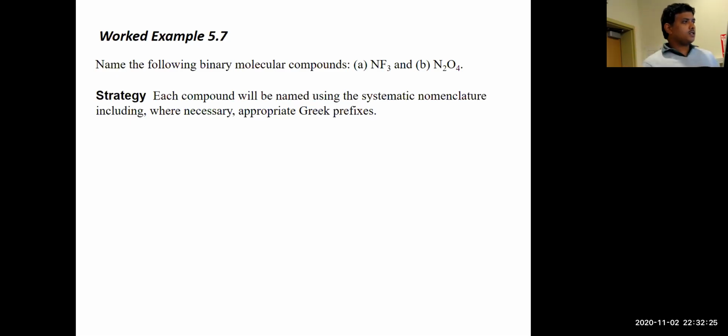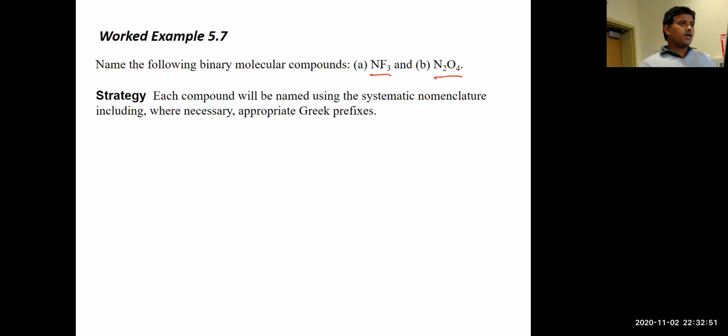So let's name this compound. It is asking us to name the molecules NF3 and N2O4. Let's see what names we come up with. Nitrogen there is having only one nitrogen, which means you don't have to use anything in front of the nitrogen. And fluorine are three of them, so the name should be nitrogen trifluoride.